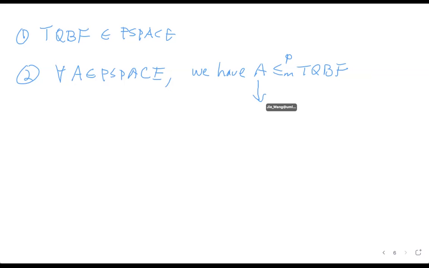So this just means that A can be accepted by a deterministic Turing machine in PSPACE. So we want to do these two things. One to show these two things.